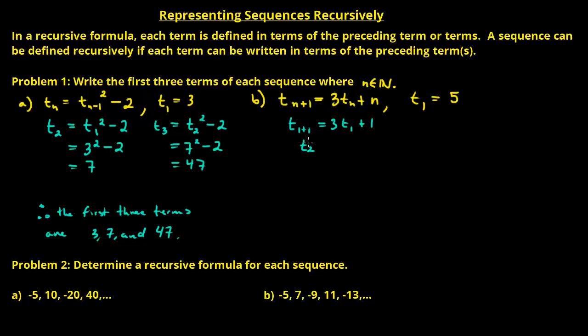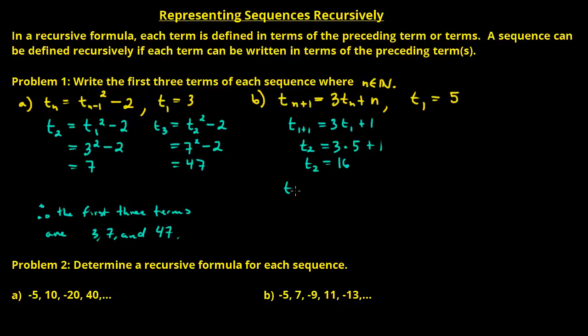You're just inputting a number for n. So I'll have t sub 2 is going to be 3 times t sub 1, which is 5, plus 1, which is equal to 16. So t sub 2 is equal to 16.